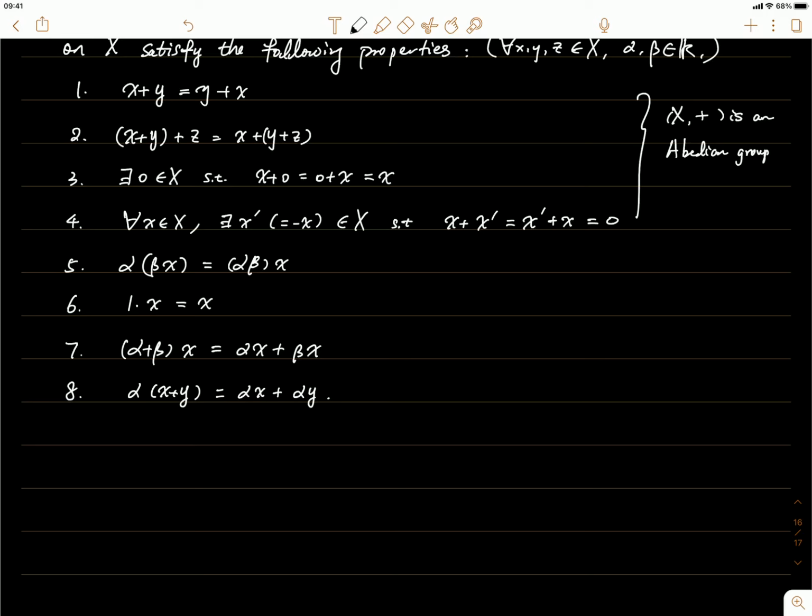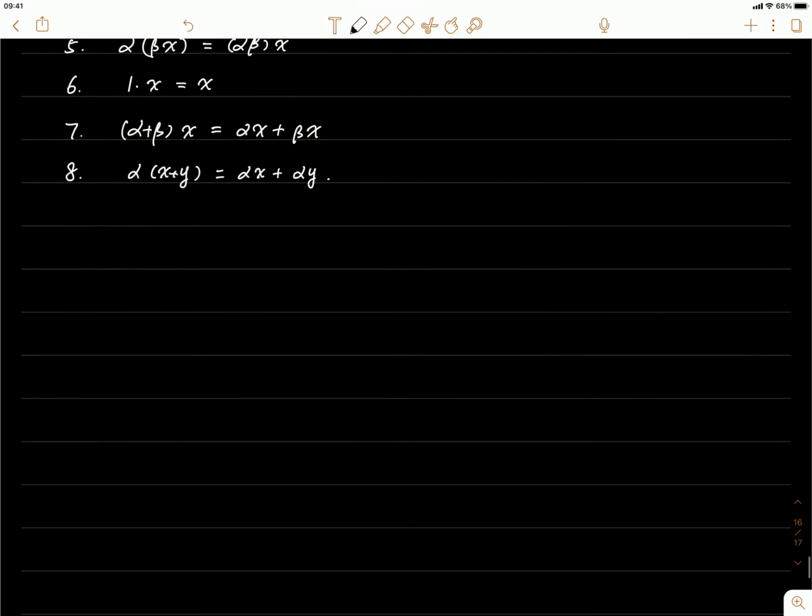The linear space is also called a vector space, because the elements like x, y are also called vectors. So linear space and vector space are the same. This is something you have seen in algebra. Now we're going to give some properties and definitions regarding linear spaces.